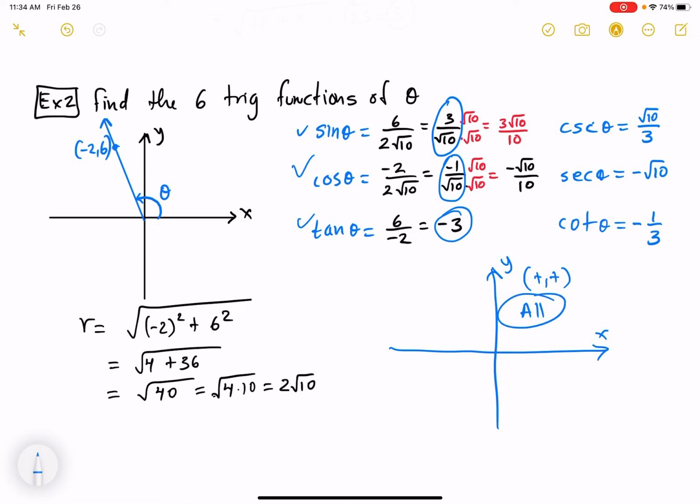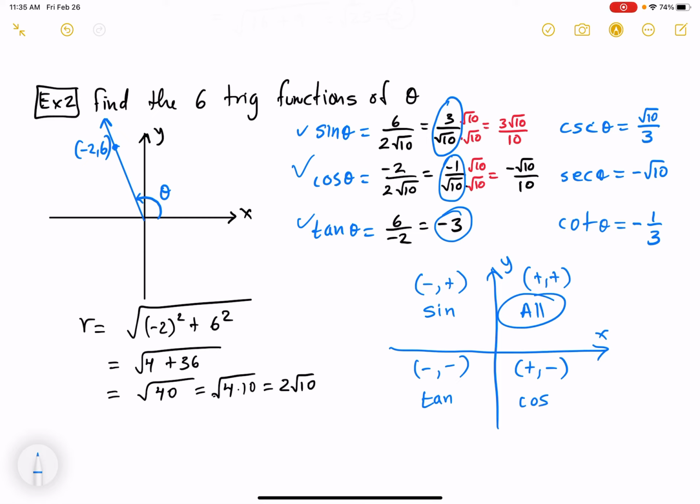In the second quadrant, x is negative and y is positive, so only the sine is going to be positive. Because both x and y are negative in the third quadrant, only the tangent is going to be positive. And because this is positive x and negative y, only the cosine is going to be positive.